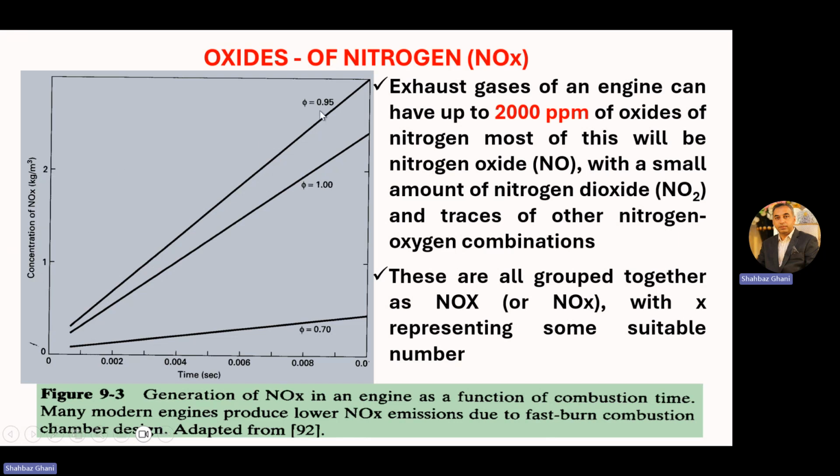As we know, when we have maximum temperature, when phi is equal to 0.95, we have the maximum NOx. When the equivalence ratio is 1, we have less NOx, and when the equivalence ratio is more lean, at 0.77, we again have very little NOx.